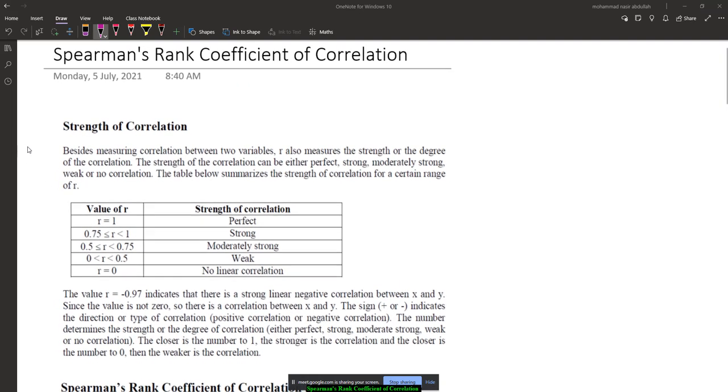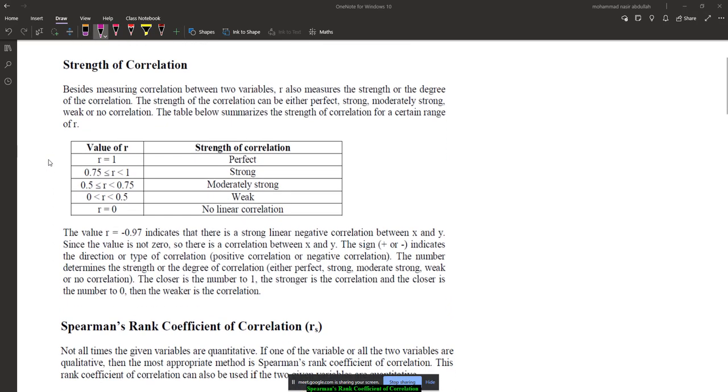Before we go to Spearman rank, let's revise the strength of correlation. When the value of R is equal to 1, it means a perfect correlation; it doesn't matter whether the sign is negative or positive.